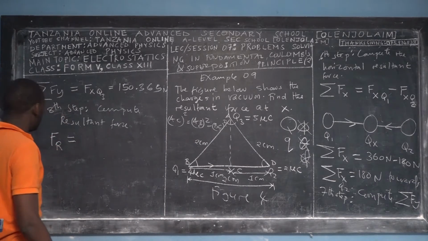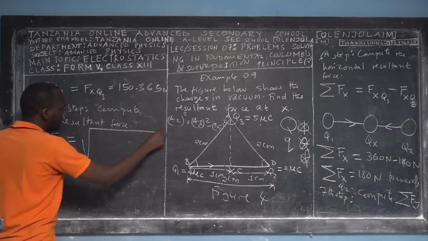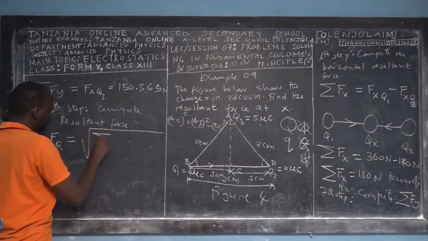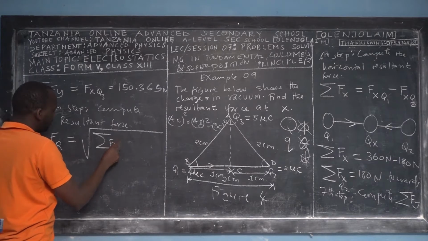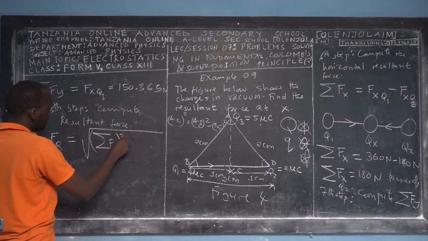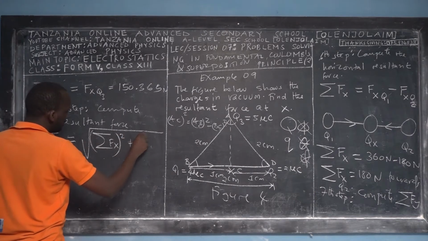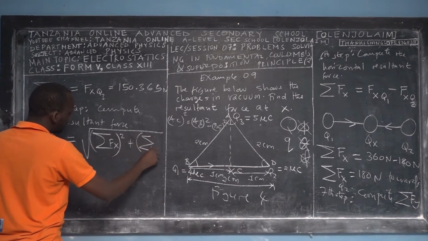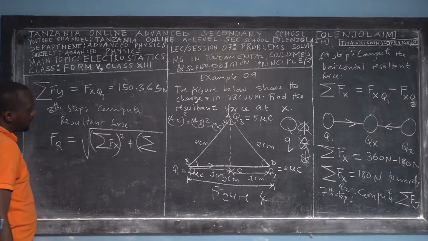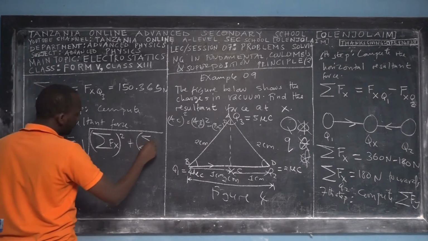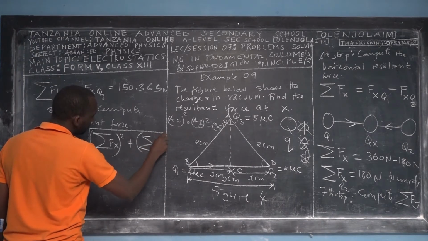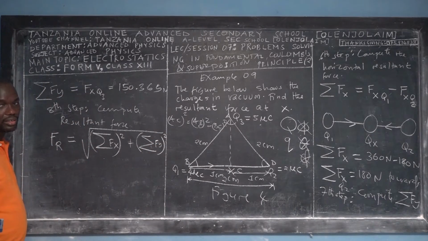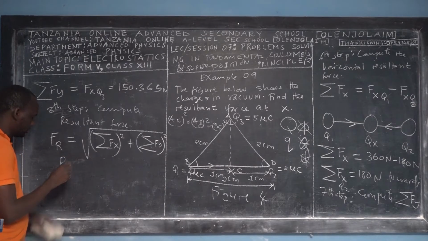So we say that this resultant force is equal to the square root of the summation of F of x squared plus the summation of F of y squared. Right? So it's the resultant force for this case.